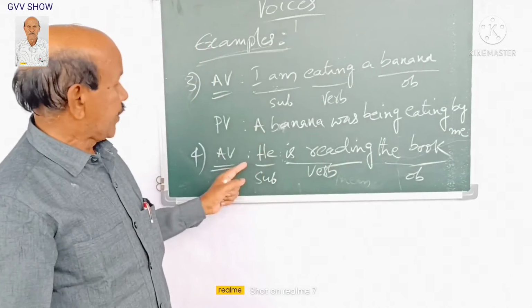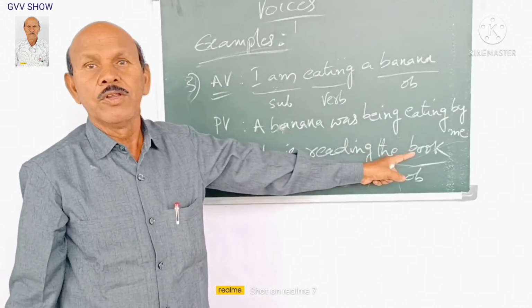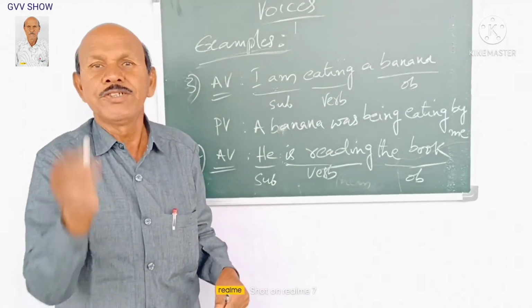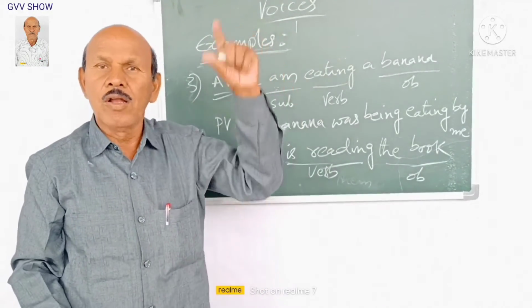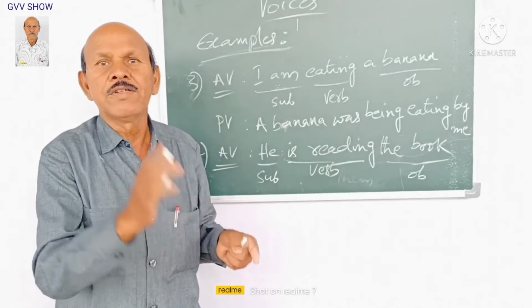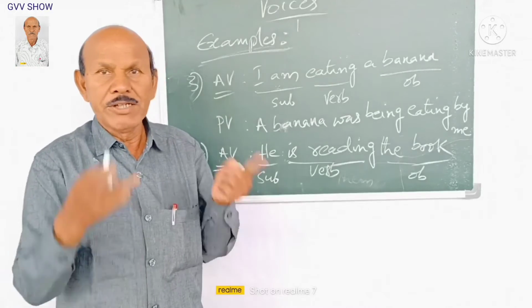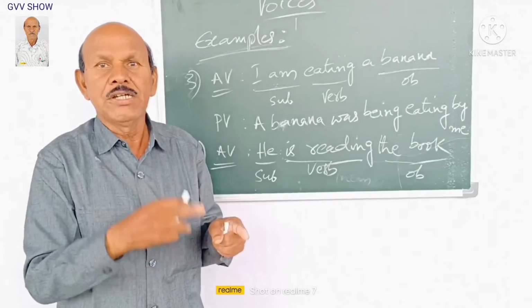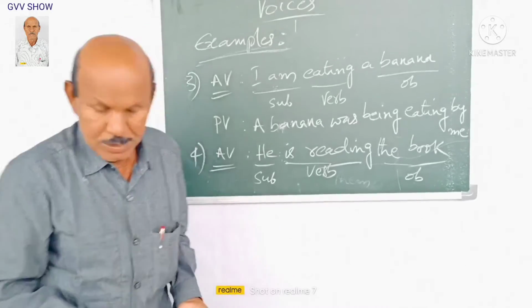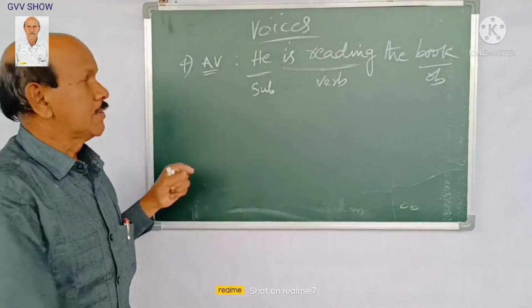So next is he is reading the book. The book was being read by him. He means him. She means her. These are all active voice and passive voice words. When he comes in active voice, it changes to him. When she comes in active voice, it changes in passive voice to her. He is reading the book is active voice.